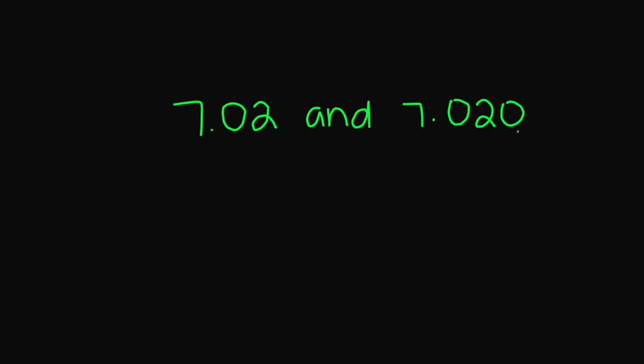Let's look at this example, 7.02 and 7.020. Are these two decimals equivalent? Yes, they are. We have our 0, 2, and 0 here, and you also have your imaginary 0 here as well.